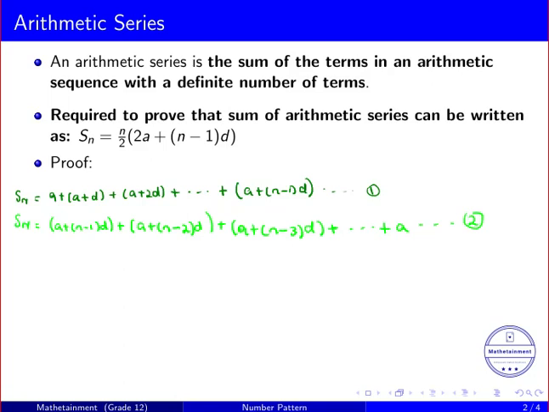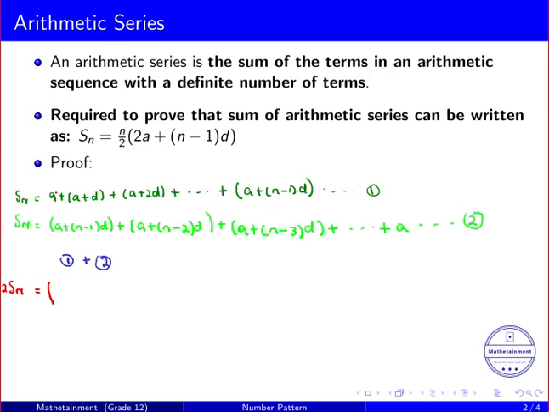So let us add your equation number 1 plus your equation number 2. Right, so you have your Sn plus Sn, you end up having 2Sn equal to, so this is your first term.